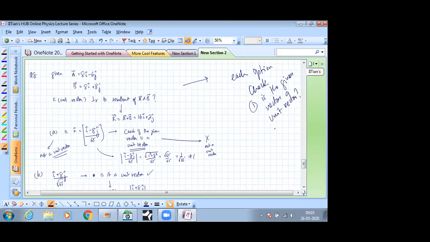So its mod should be equal to unity. And second, is it perpendicular to the resultant? For that, n cap dot r should be 0. So these are the two checkpoints that we have to do at each of the options, and that's how we have done each of them.